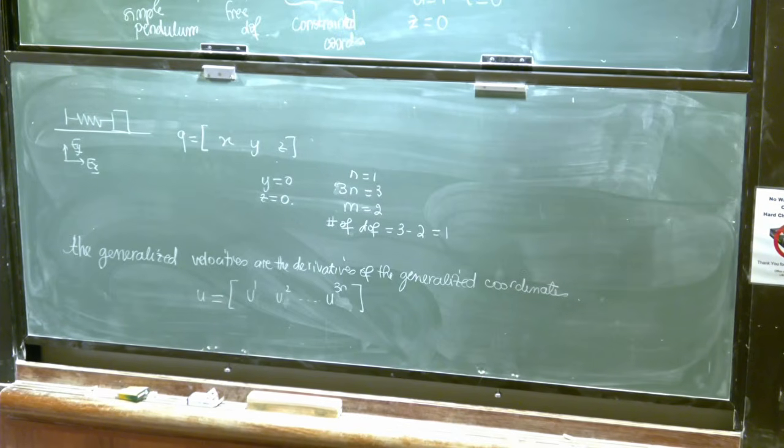T is half m v dot v, which is half m (vx squared plus vy squared plus vz squared). My array of generalized velocities is going to be u equals vx, vy, vz.